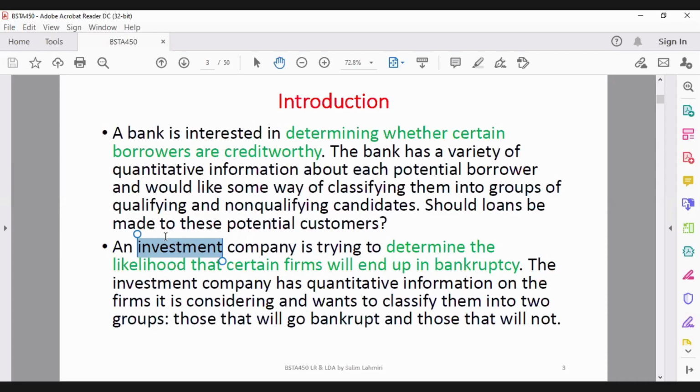This can be solved by setting up a regression model, not a regular one we have seen so far, but a new one based on discriminant analysis, a probit model, or logistic regression. So in these two examples, y takes binary values. It is not a continuous variable.